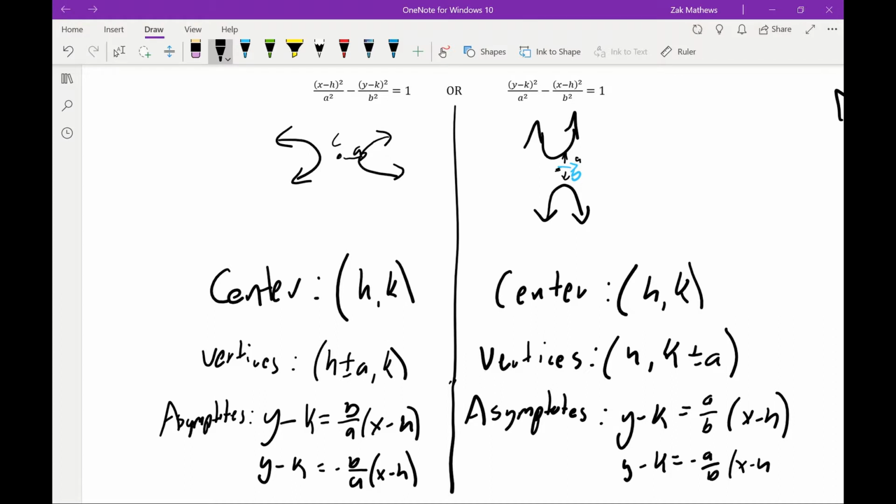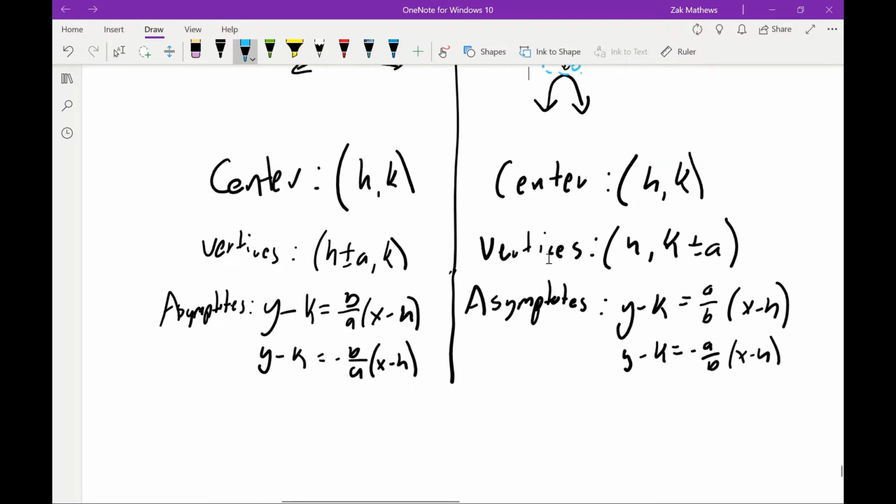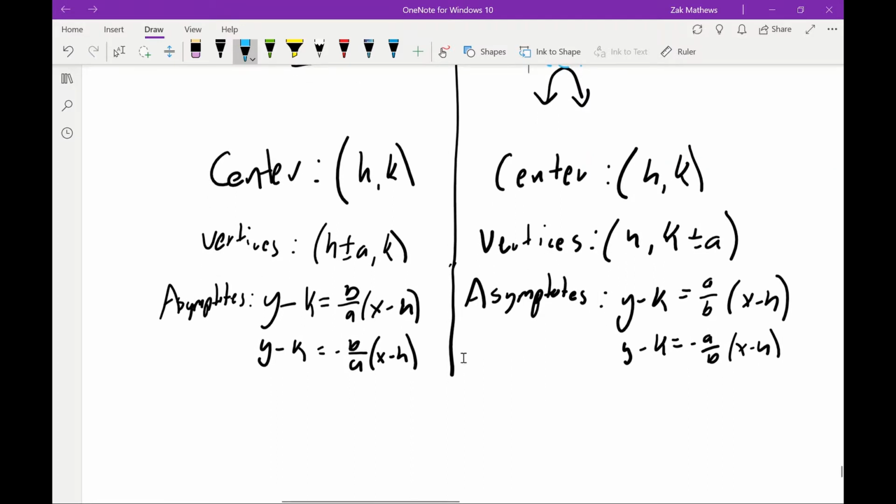Because we're still getting to those imaginary boxes, we're just doing so in a little bit different order. The a's are giving us our rise because the a's are attached to the y. The b is giving us the run because it's attached to the x. So those are going to be our asymptotes. And then the last thing I need to worry about still are the focal points.